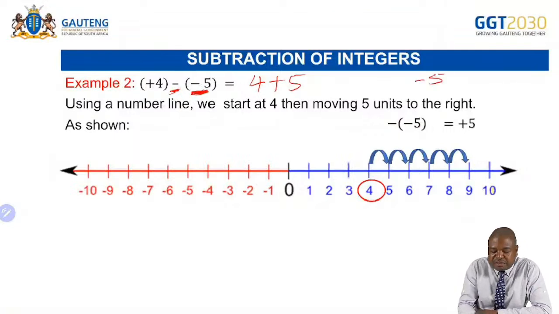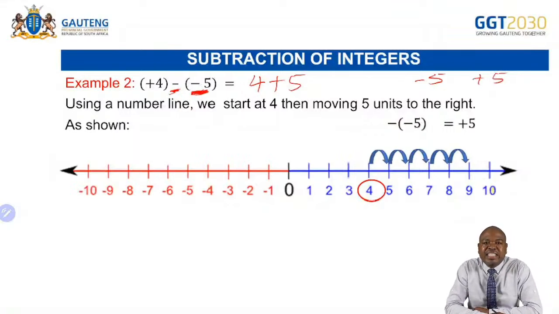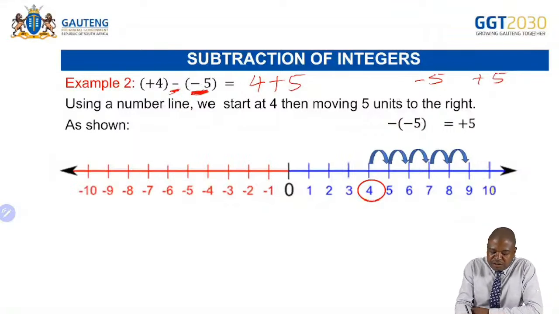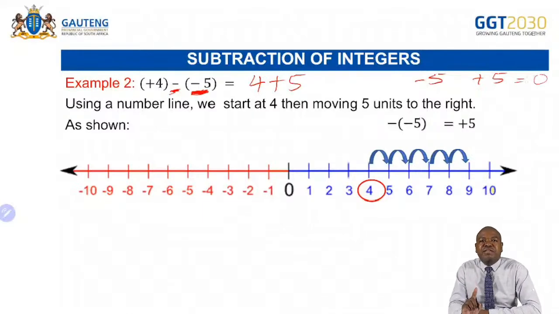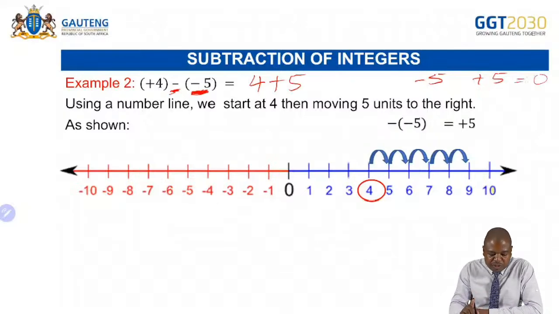The opposite of -5 is +5, which we also call its additive inverse, because if you add these two numbers, your answer will be equal to 0. Right? So if you are subtracting a negative number, it is the same as adding its opposite.